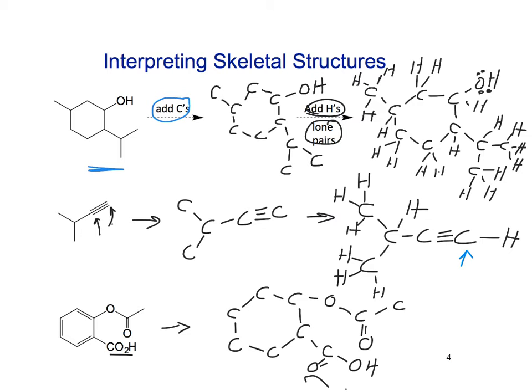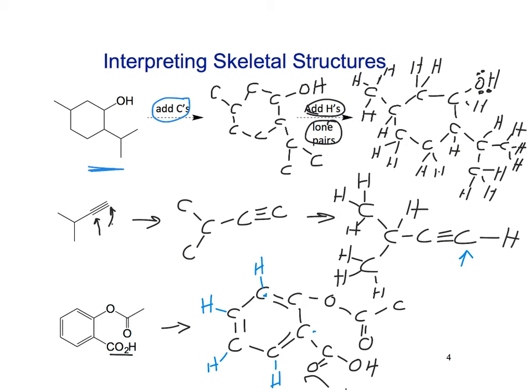Let's draw in the double bonds over here though. Next thing we have to do is to draw in the hydrogens. I'm just going to go ahead and draw them in on the same molecule. Let's do these in blue. Up here, this carbon has 1, 2, 3 bonds, so it needs one hydrogen. This one needs one. This needs one. This needs one.